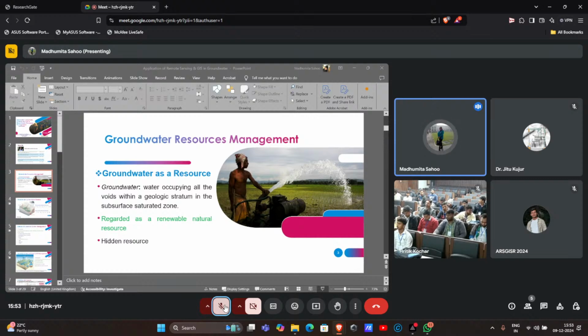IMD gives data at a gridded scale, and now the gridded scale has been refined to something like 10 kilometer by 10 kilometer. So you may check it if you're interested in that data.